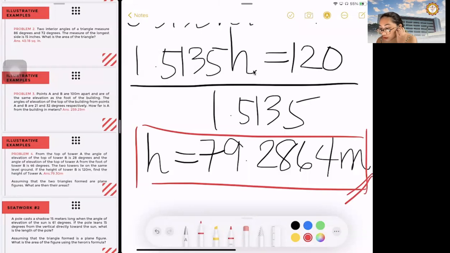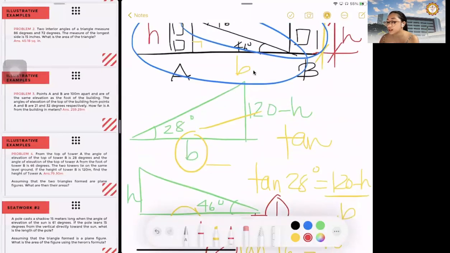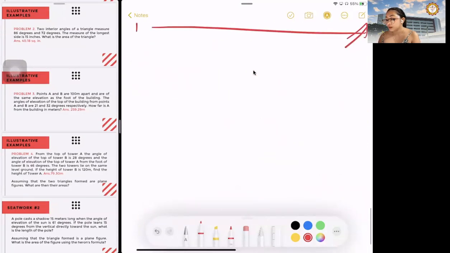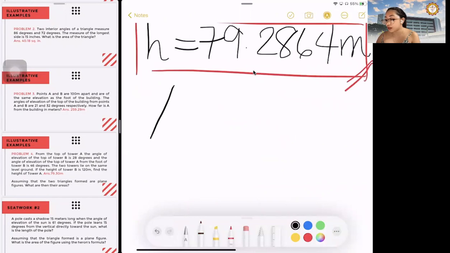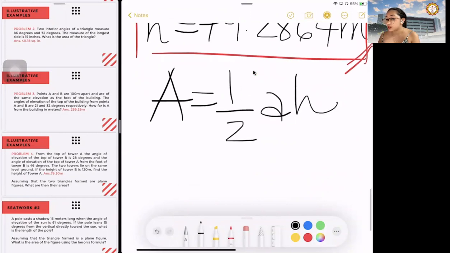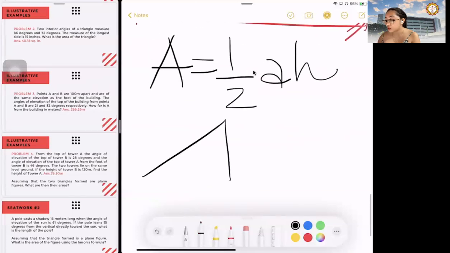Question: assuming that the two triangles formed are plane figures, what are their areas? So, you're going to find the area of this triangle and the area of this triangle. We now have the value of h. The area of a right triangle is 1/2 base times height. We have now the value of h, so let's just use one triangle.